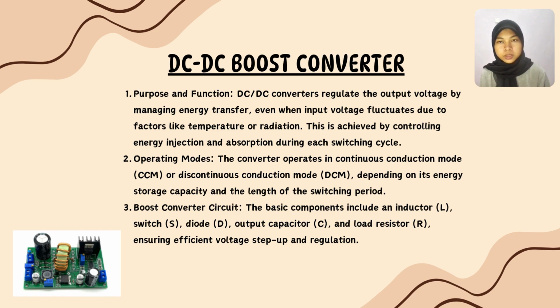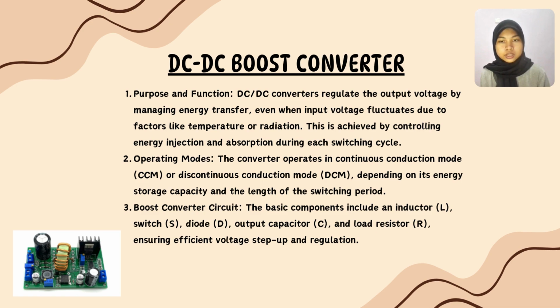The converter operates in continuous conduction mode (CCM) or discontinuous conduction mode (DCM), depending on its energy storage capacity and the length of the switching period. Third, boost converter circuit. The basic components include an inductor, switch, diode, output capacitor, and load resistor, ensuring efficient voltage step-up and regulation.